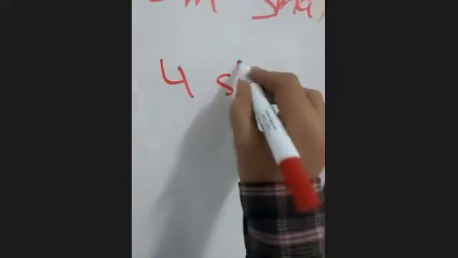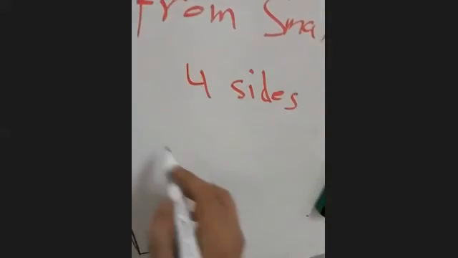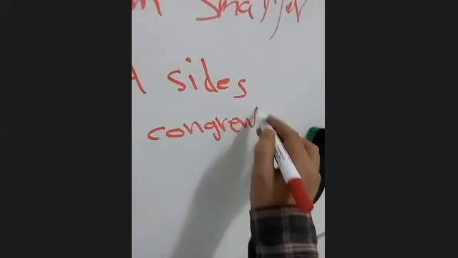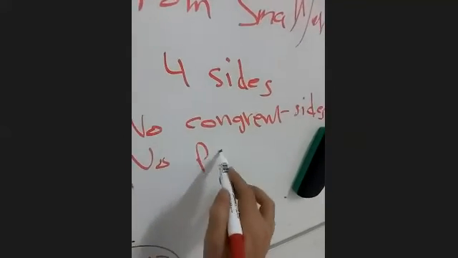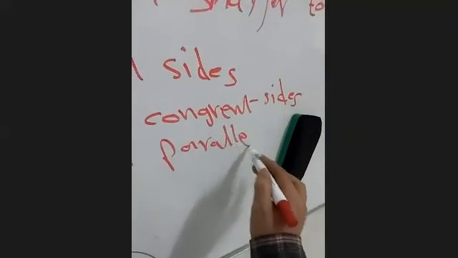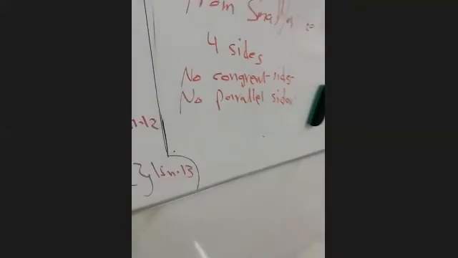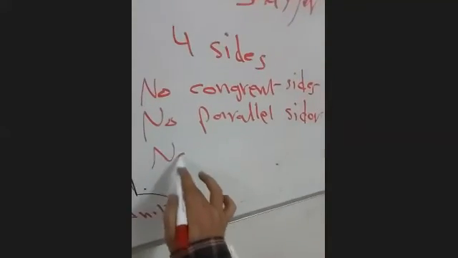Is there any congruent or parallel sides? No. So it has 4 sides, no congruent sides, no parallel sides. Is it regular or not regular? Not regular. This is not regular.